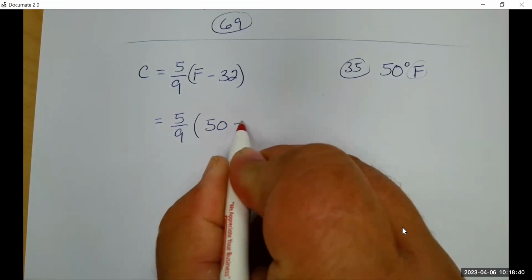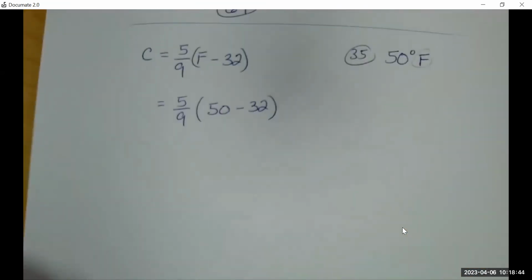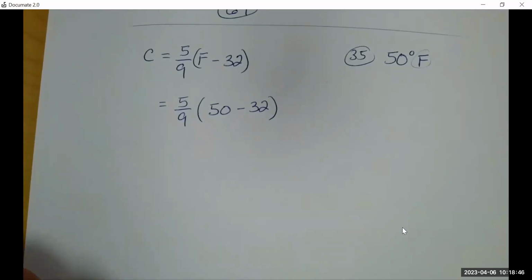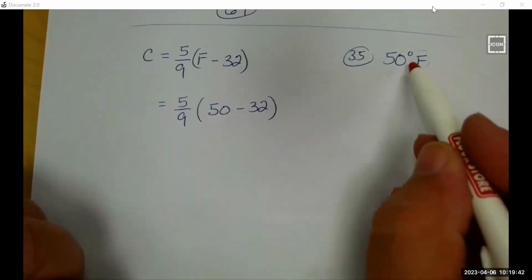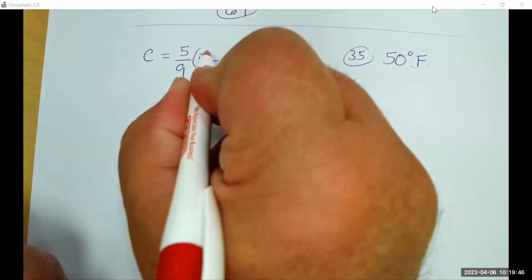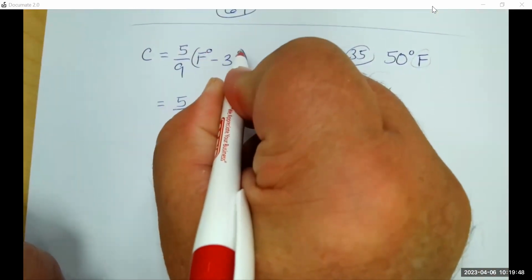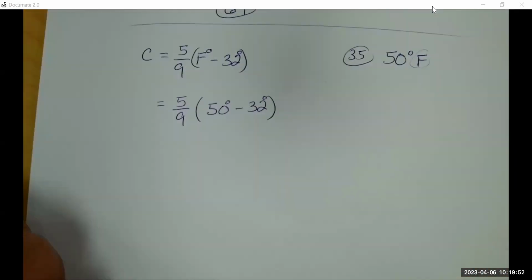So I put 50 in place of F. Here's an important note. Remember, this is 50 degrees in Fahrenheit, so these are actually in degrees. It's 50 degrees minus 32 degrees.